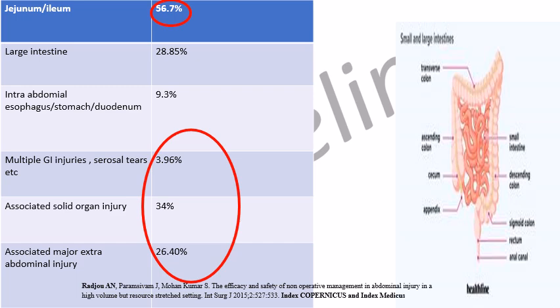Have a look. None of them come isolated with just one perforation in the jejunum. That may happen in a very low velocity stab, but most of them will be associated with a fracture femur, a pelvis, severe head injury, or severe injury to the thorax. So you have multiple problems at hand.